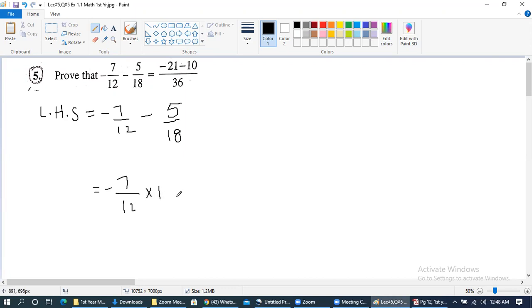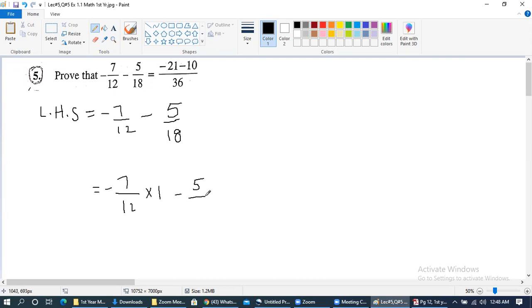Why? Because 1 is the multiplicative identity. Multiplicative identity means that whenever something is multiplied by 1, the result is the same. So 1 is the multiplicative identity of every real number.